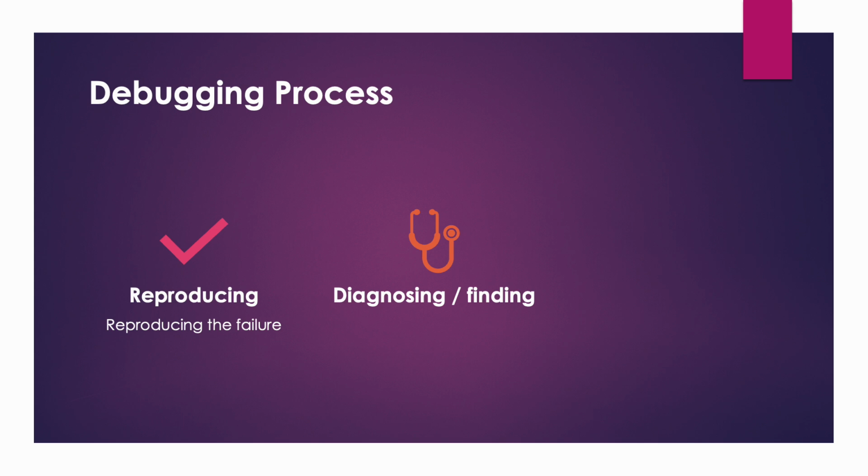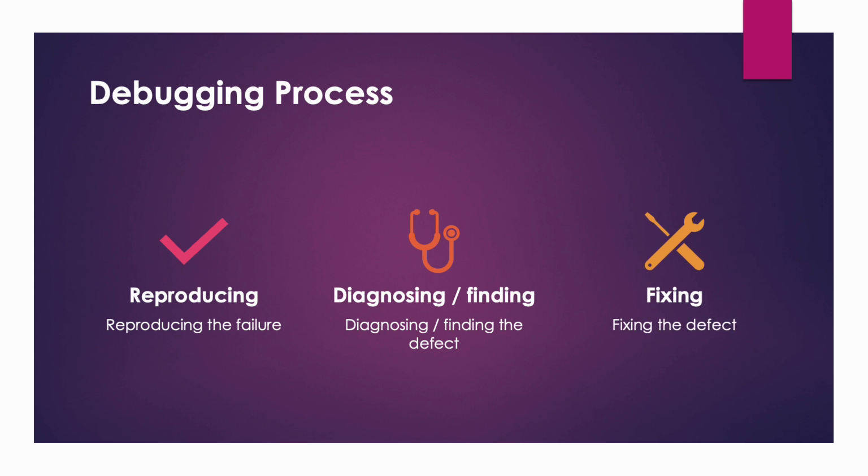This is the detective work: checking logs, reviewing code, isolating the cause. Step 3: fix the defect. Once the root cause is found, the developer writes a fix or adjusts the code to eliminate the defect. That's debugging in a nutshell.